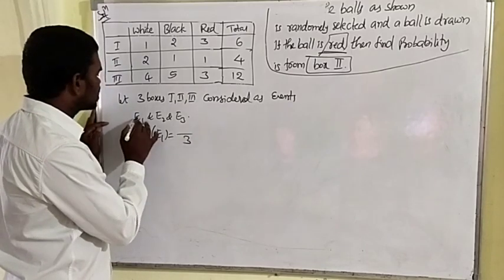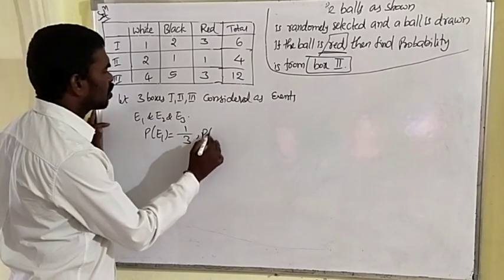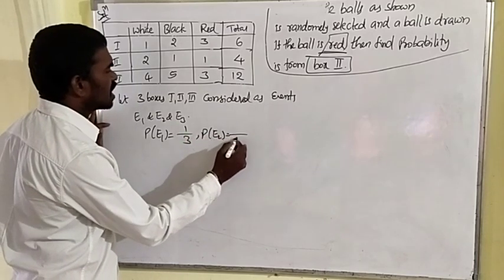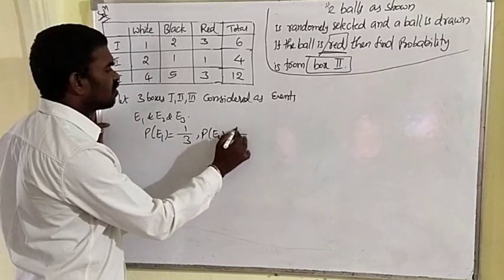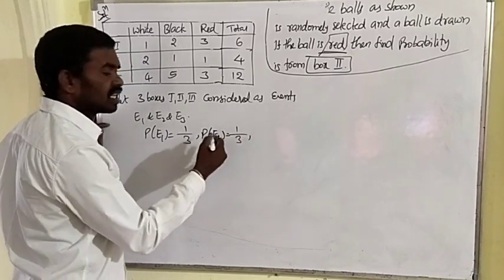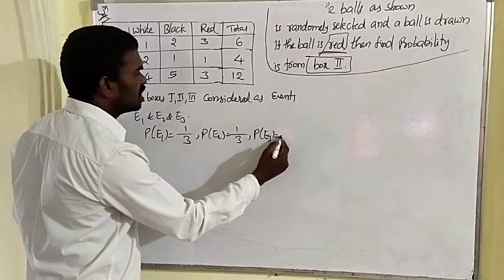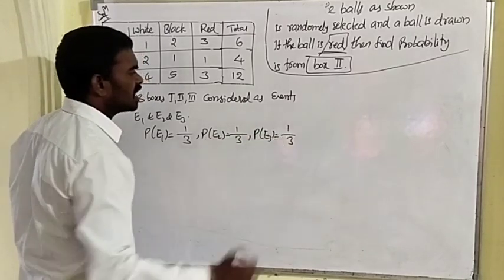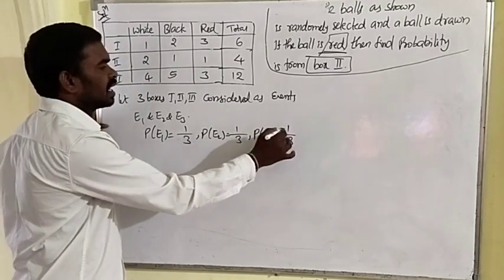Probability of E1 is 1 by 3. Probability of E2 can be written as, here also total 3 boxes, out of 3 events E2 is one of the events, so 1 by 3. Probability of E3 can be written as, here also out of 3, E3 is one of the events, so 1 by 3.